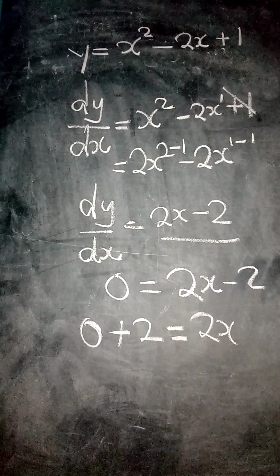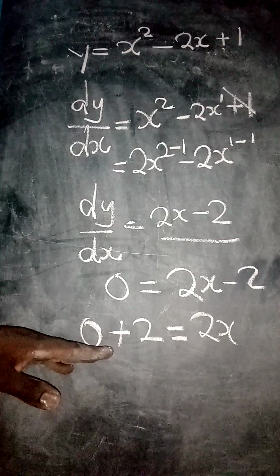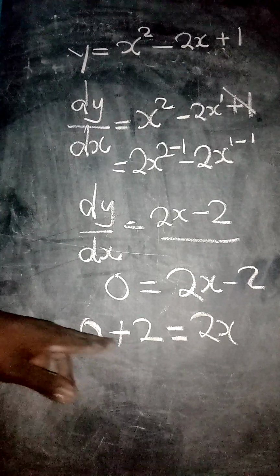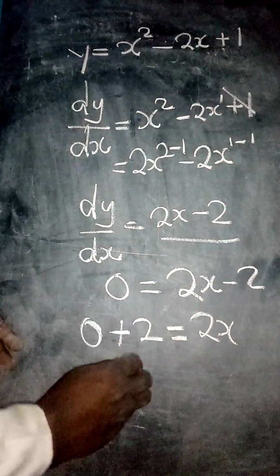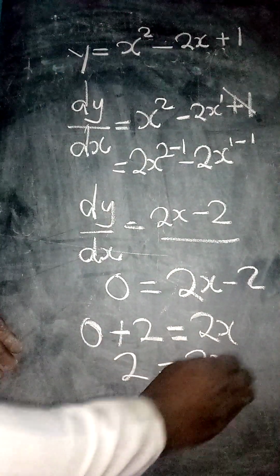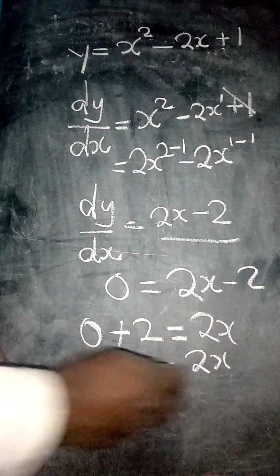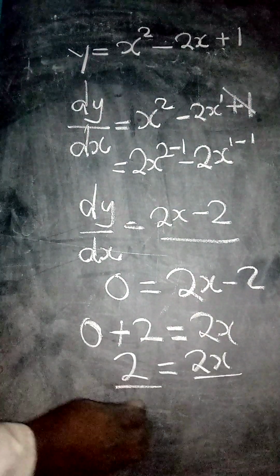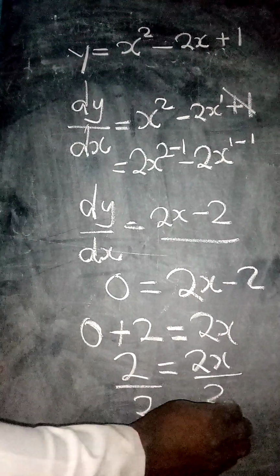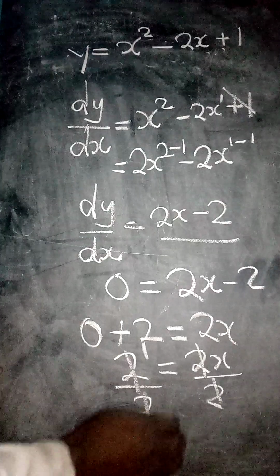Okay. So what next when you reach this stage now? You simplify. You say 0 plus 2, it's 2. 2 equal to 2x. So for you to remain with x, you divide both sides by 2. You cancel, there's 1.